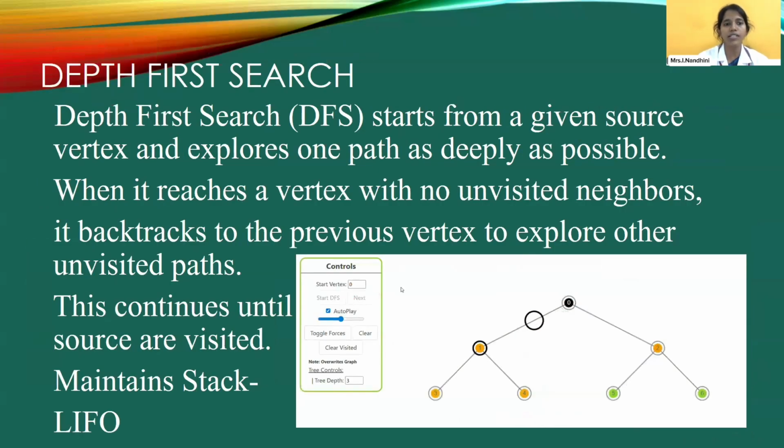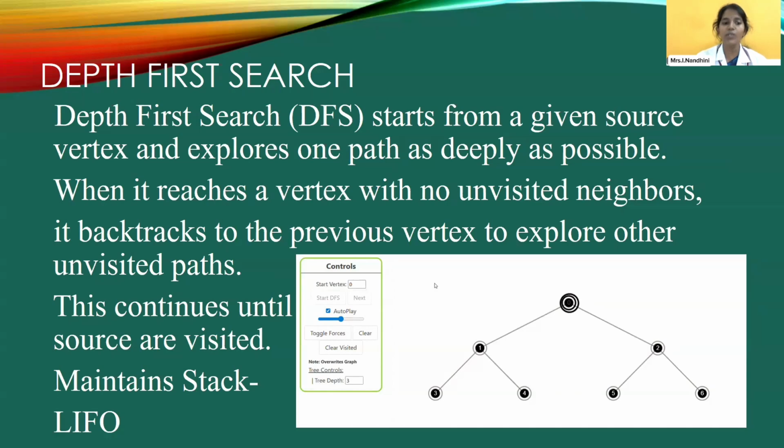The next one is depth first search. In depth first search, it starts from the given source vertex and explores one path as deeply as possible. When it reaches a vertex with no unvisited neighbors, it backtracks to the previous vertex to explore other unvisited paths.